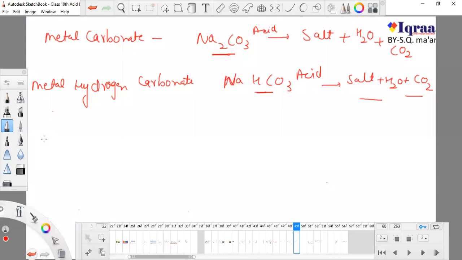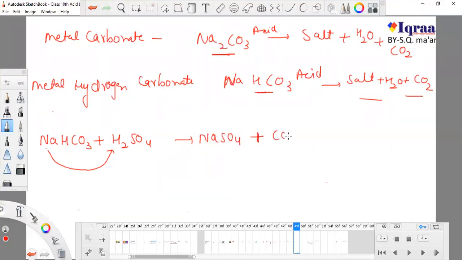Okay, I'm performing one more equation. If I'm using metal hydrogen carbonate with H2SO4, now what will happen? This sodium will replace this hydrogen because it has the capacity to replace it, because it is more reactive, so it will form NaSO4 plus CO2 and H2O.